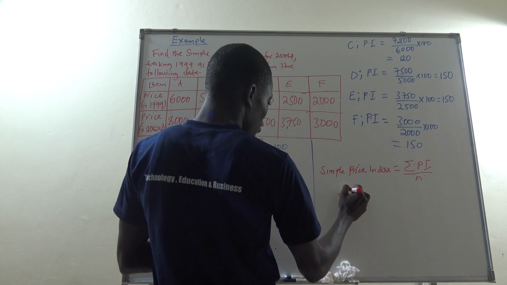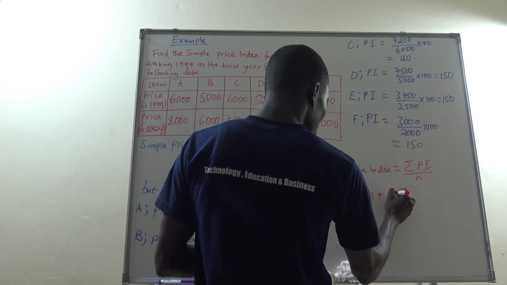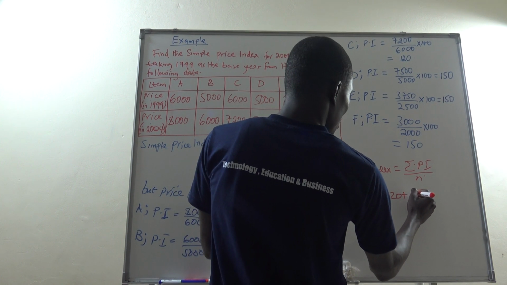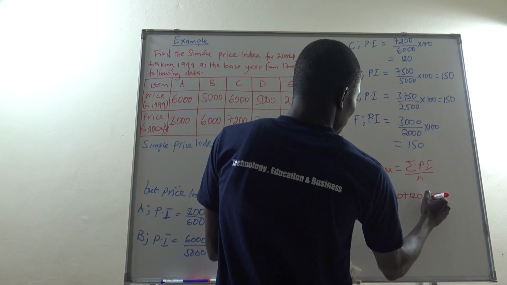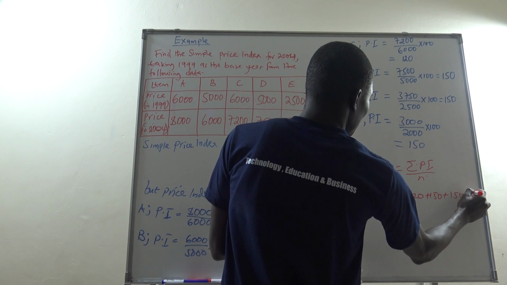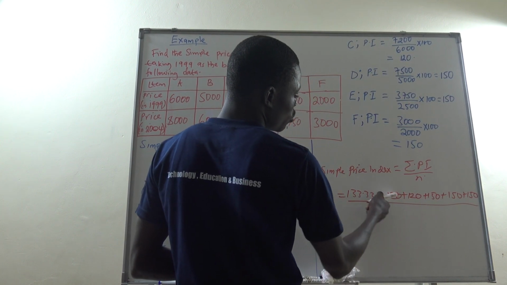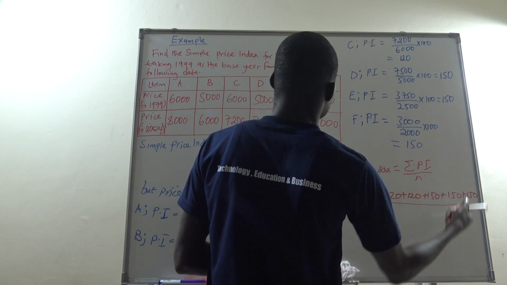The first one is 133.33 plus 120 plus 120 plus 150 plus 150 plus 150. Divide by the number, how many are there? They are 1, 2, 3, 4, 5, 6.